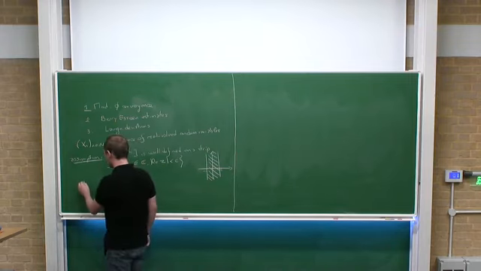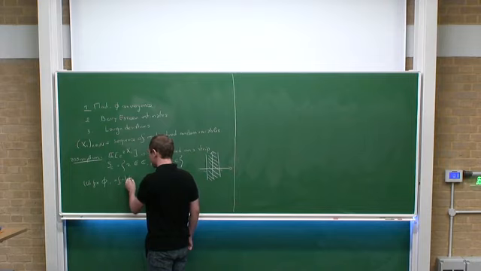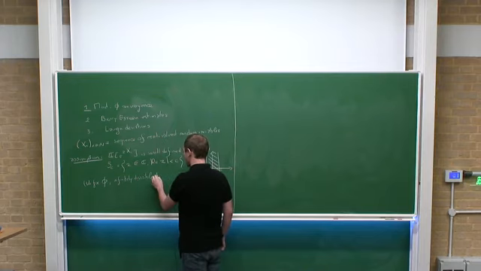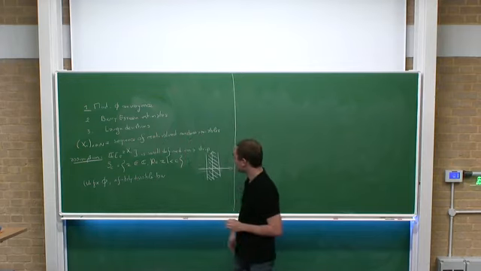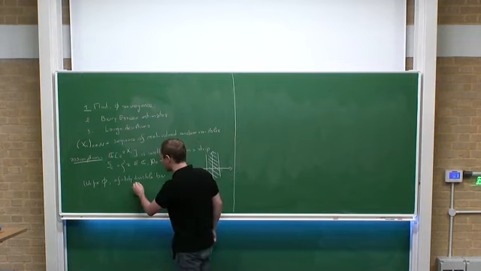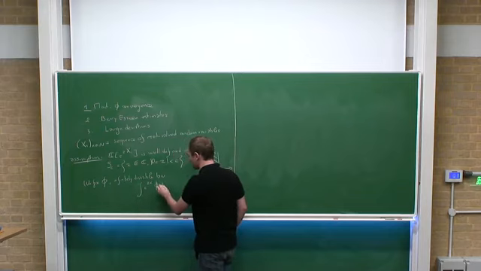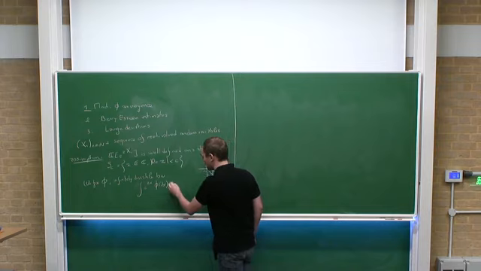We fix also phi, an infinitely divisible law that has the same property of having a well-defined Laplace transform on the strip S_C. So we assume that the Laplace transform of phi, the integral of exponential zx phi of dx, is well defined on S_C.